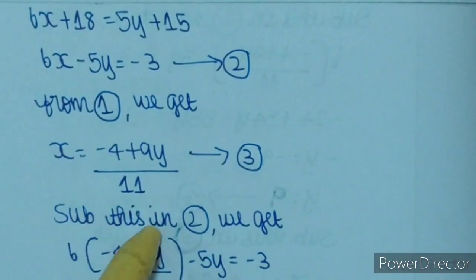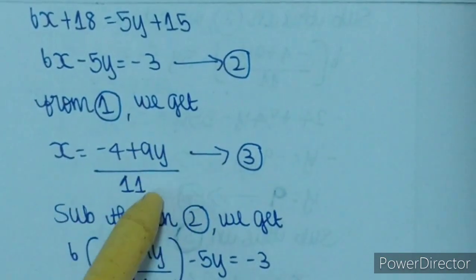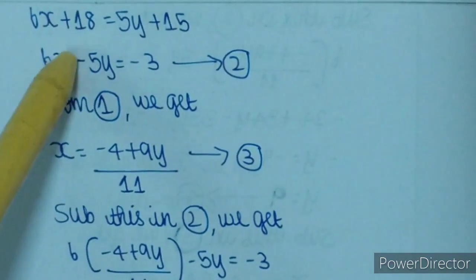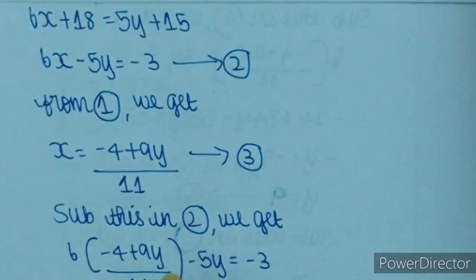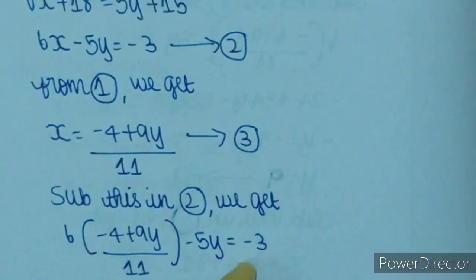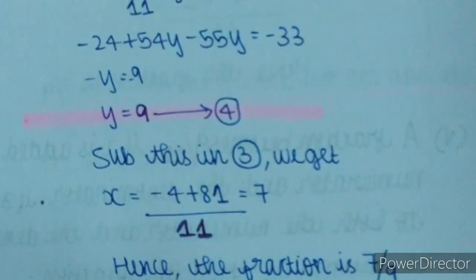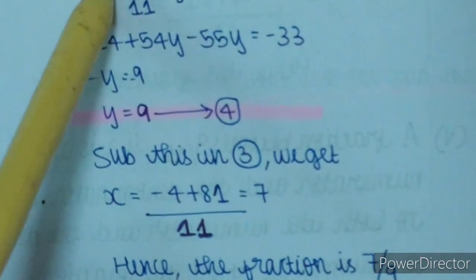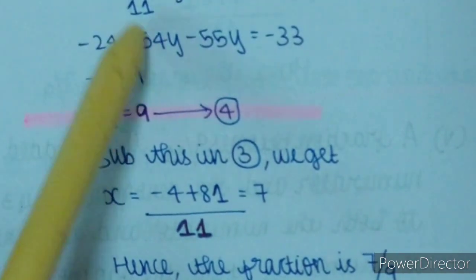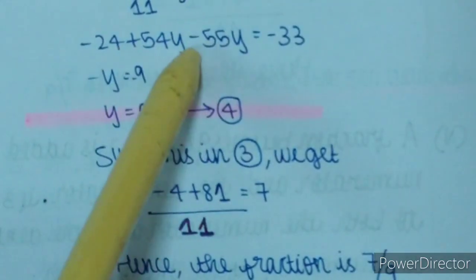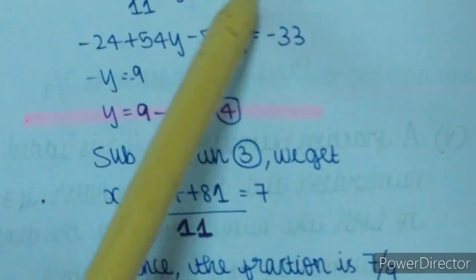When we substitute, we get 6 into minus 4 plus 9y by 11 minus 5y is equal to minus 3. Here, solving it further, we get 6 into minus 4 is minus 24, plus 6 into 9 is 54y by 11, minus 5y is equal to minus 3.